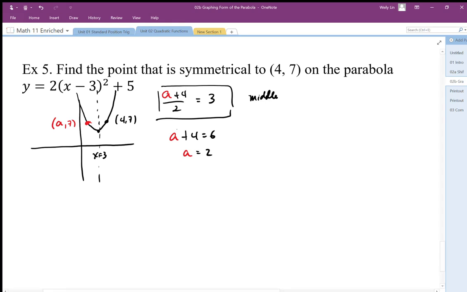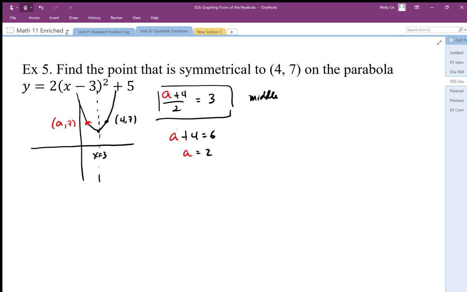It's really important to understand the mathematical principles behind this idea of symmetry. This is a nice, simple way to use that relationship, but we have to recognize that relationship first. So I want you to be able to connect this idea of middle, the average formula, to the idea of middle algebraically.